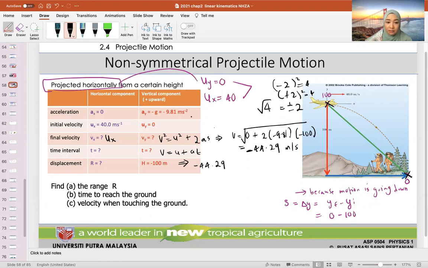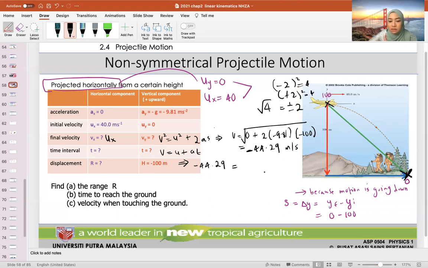Kita cari V, V is always the final velocity. And in this case, kita tak ada dua section. There's only one section here, so there's no confusion. Okay, so minus 44.29, I am referring to the velocity that I got over here.